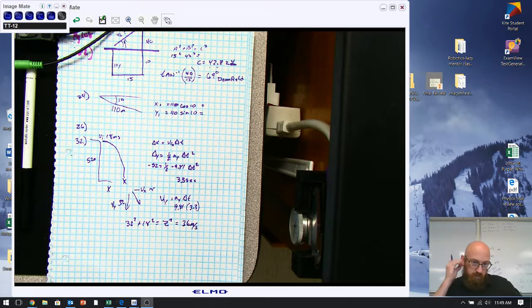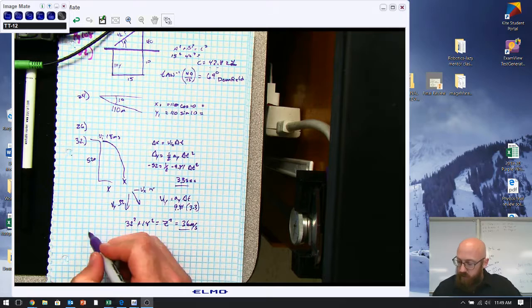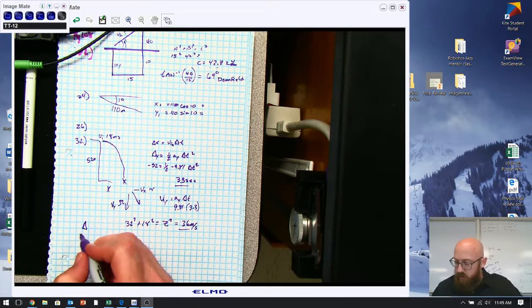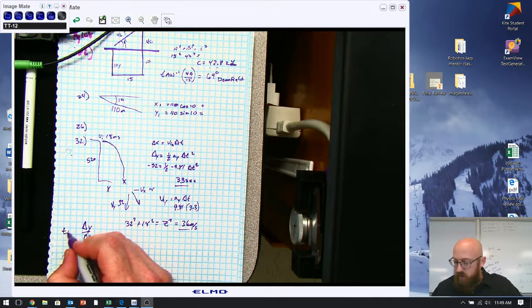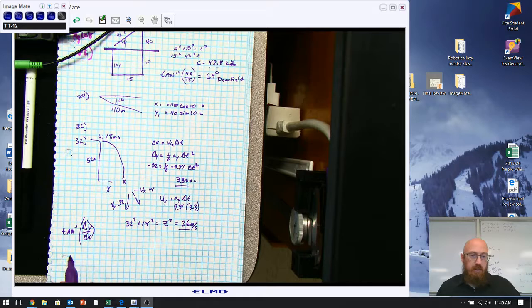Let me know if you don't. Now, are we done? Technically, with the problem, the way it's asked, they want a velocity when it hits the water and the time it took to fall. I would say inverse tangent of delta y over delta x takes a couple seconds and you've got the actual angles.